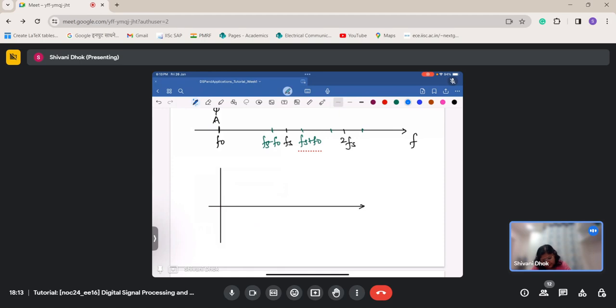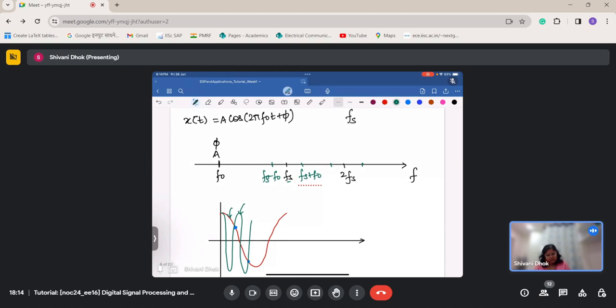So let's say this sample and this sample. These samples can come from signals with different frequencies, which are integer multiples of fs. The same sample can belong to either this sinusoid or this sinusoid, or other multiple sinusoids with frequencies of n fs plus or minus f naught and different phases. This thing can happen. So now we are having a component here and here.